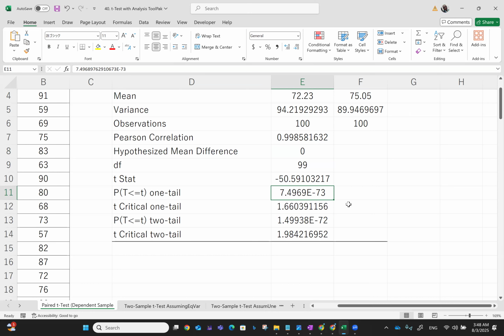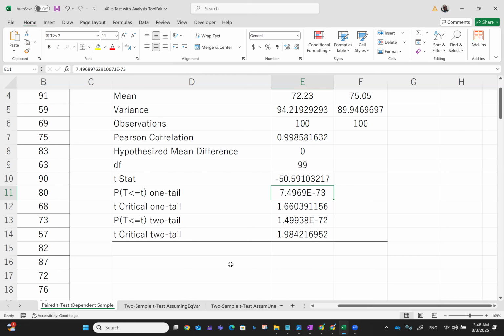Then you have these ones to be 1 point something each. So it means that there is a significant difference, basically. So we do not reject the null hypothesis because these ones do not exceed the critical value. So we accept that there's a significant difference between the score before and score after, like that. All right. So that's for the paired t-test.